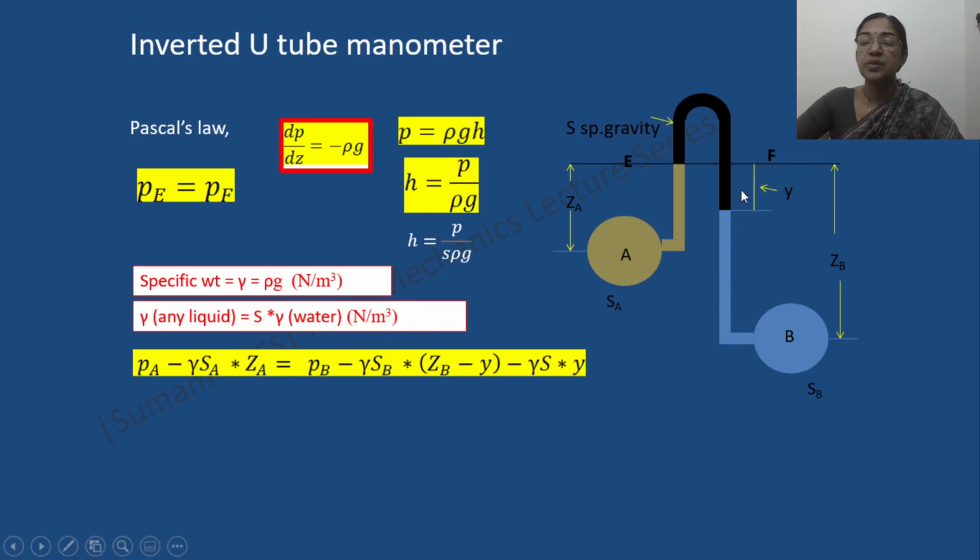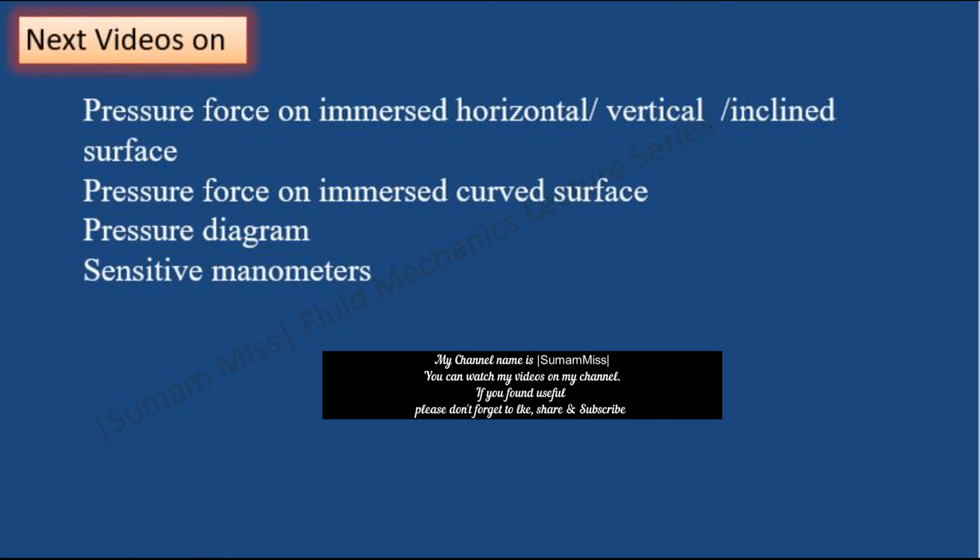Then in order to reach F, then we have to go up. So that means PB minus gamma into SB indicate the specific weight of this fluid, into ZB minus Y. So that is the distance from this point to this point, minus Y into specific weight of this manometric liquid. So we can find out Pa minus Pb. From this expression we can find out the difference of pressure between these 2 points, but it is not in terms of pressure head.